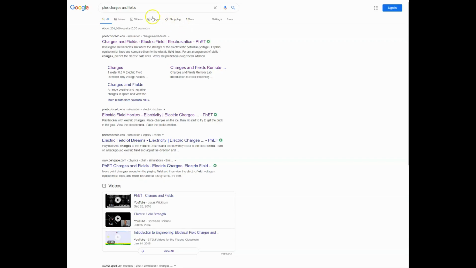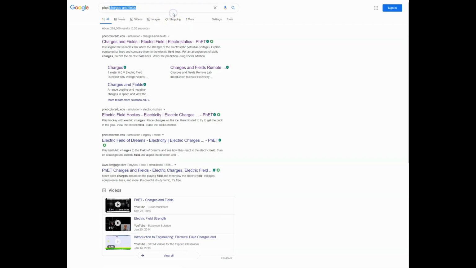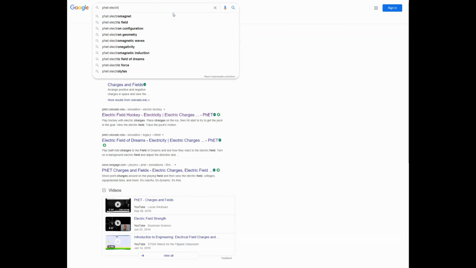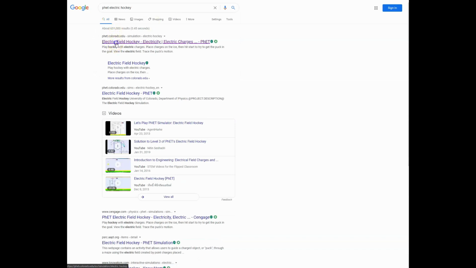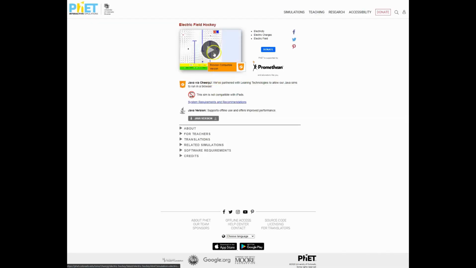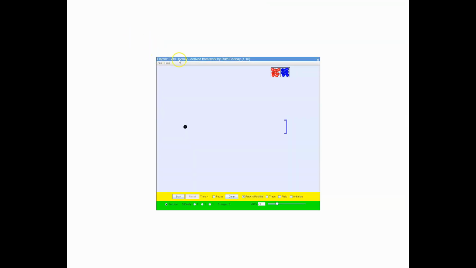Actually, it's sometimes faster just to type in here, and you're going to do PhET electric hockey. And it's this electric field hockey that you're going to play, powered by JavaScript instead of Adobe Flash. So this will be the electric field hockey game you play for field days.